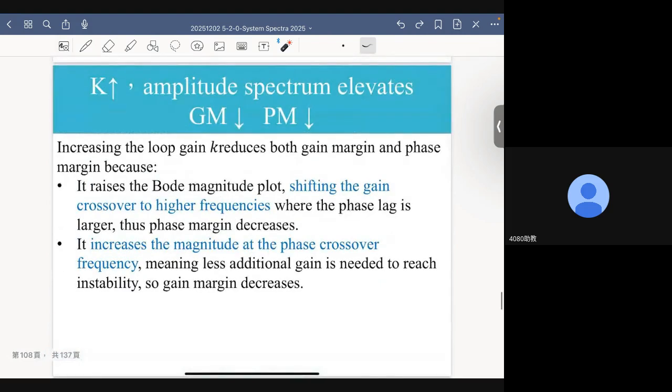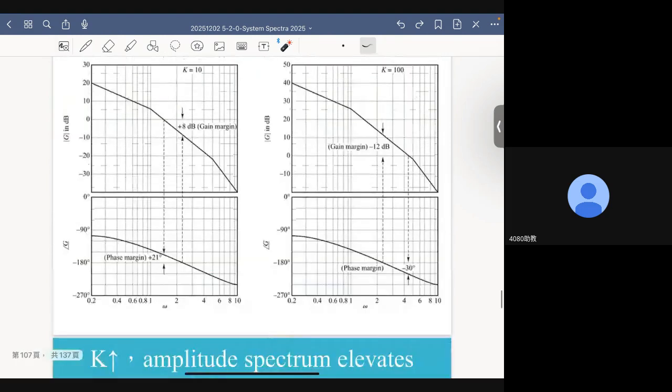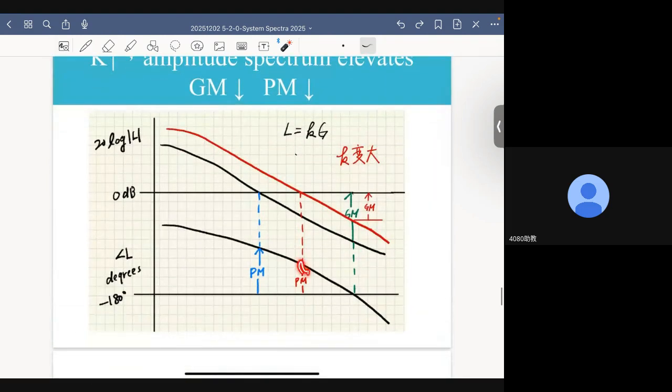So increasing loop gain reduces both gain margin and phase margin because it raises the Bode magnitude plot, shifting the gain crossover to higher frequencies, where the phase lag is larger, and thus the phase margin decreases. Here, the phase lag is larger because compared to this point, this new point is more negative, which means it has larger phase lag.